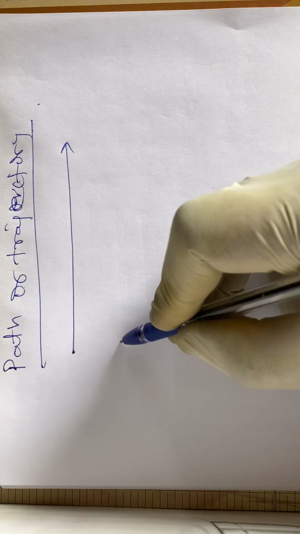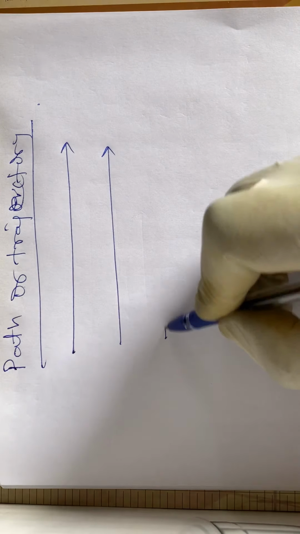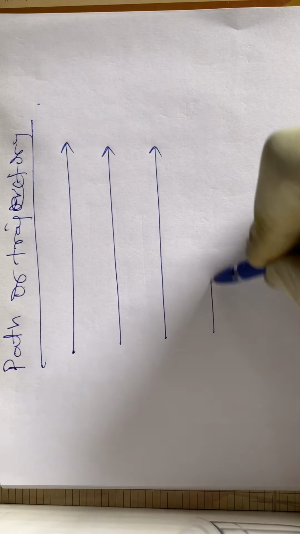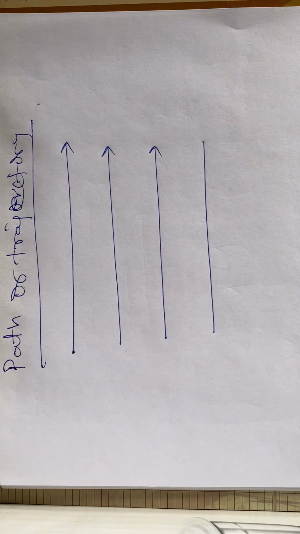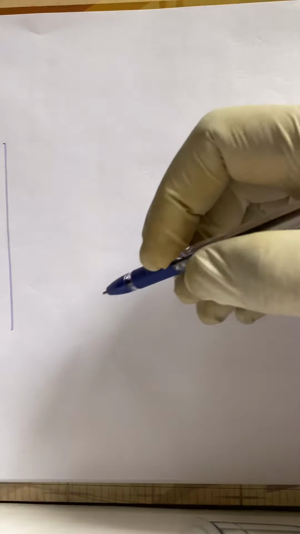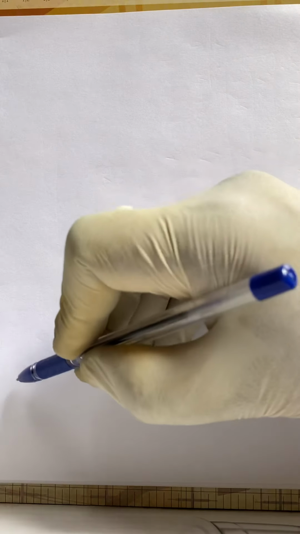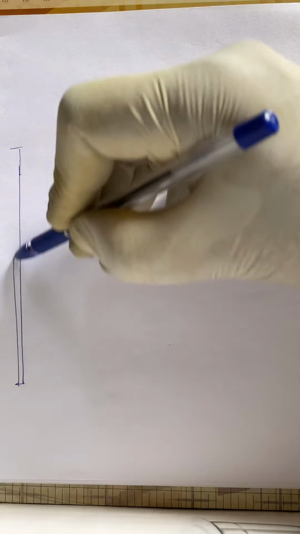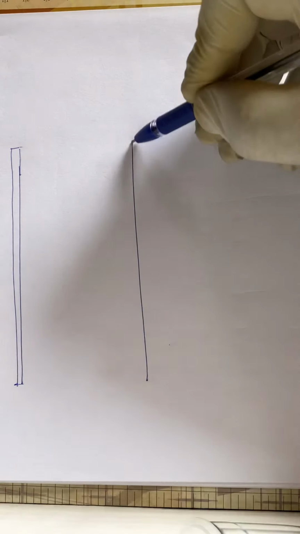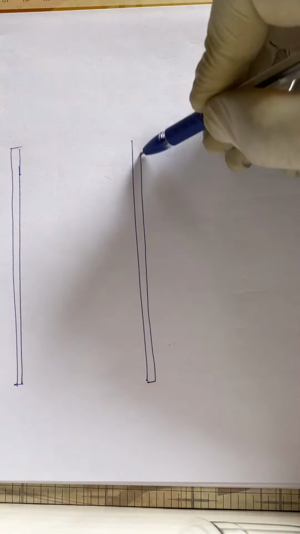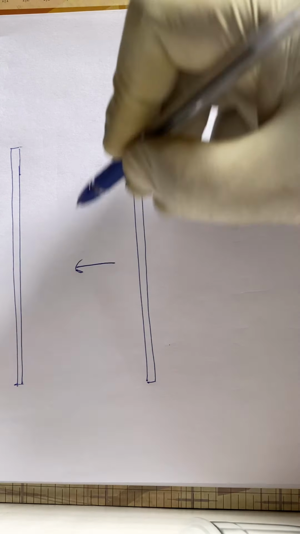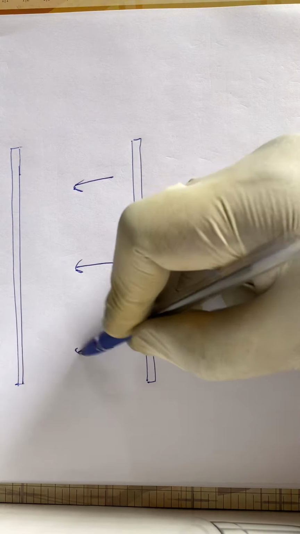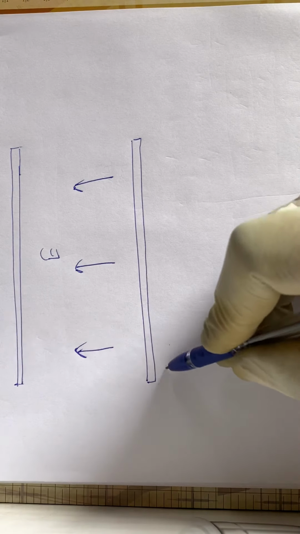Say this is a uniform electric field, or better, I take the previous diagram, up to this L region. For ease, I'm taking the electric field to be in the upward direction.